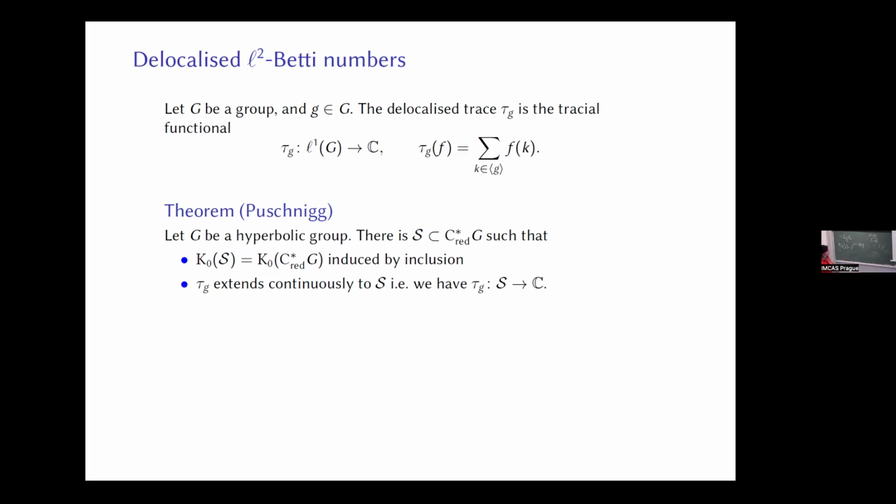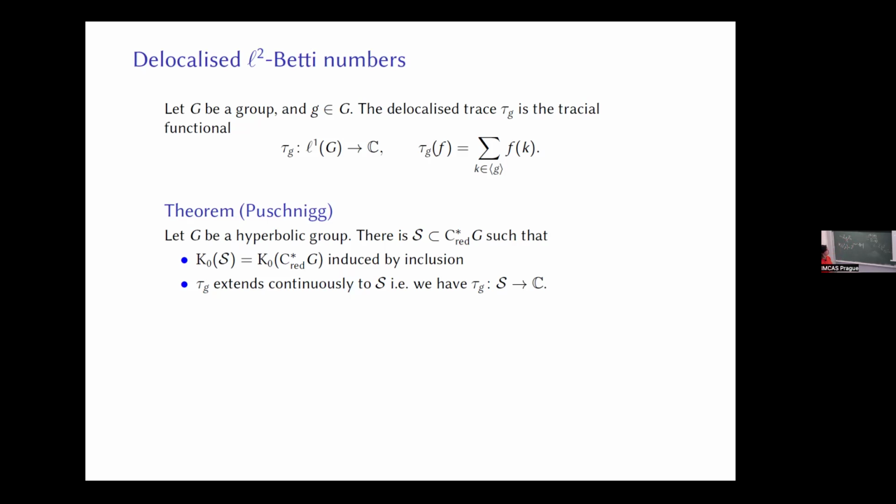And now if we extend this functional to the level of K-theory, then we would get a functional defined on the K0 of C star reduced of G, that we can use to pair with the K-theory element. So it is defined for hyperbolic groups, and it constructs a Schwarz algebra inside C star reduced with these two valuable properties, that allows us to define these delocalized traces not only on L1, but also on a larger subalgebra.